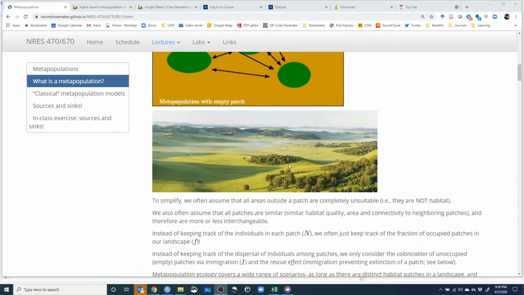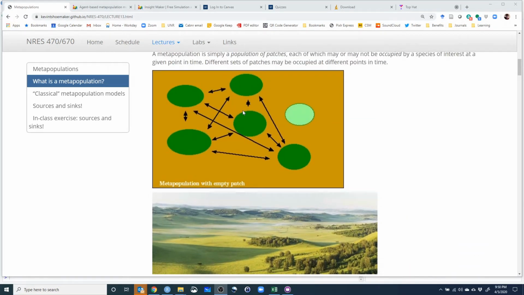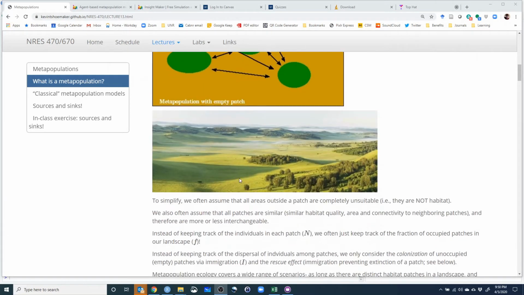And you look at these forested areas, and those represent patches for this individual or this species. We could think of an aquatic species, and then patches might represent ponds. So for every different species, the way we define patch is just the way we define habitat. These are habitat, and everything around the patches is non-habitat.